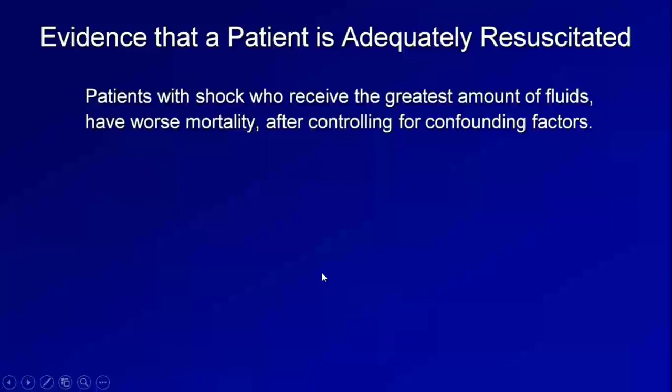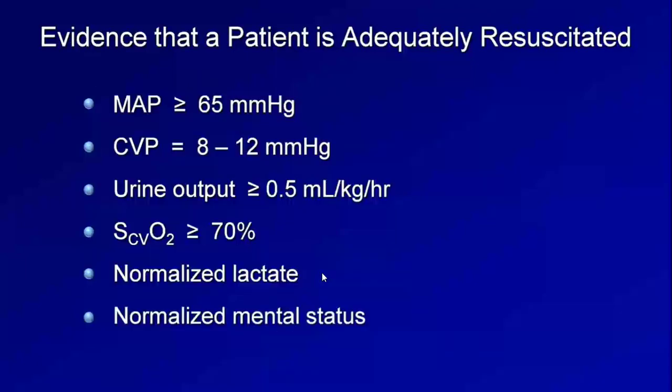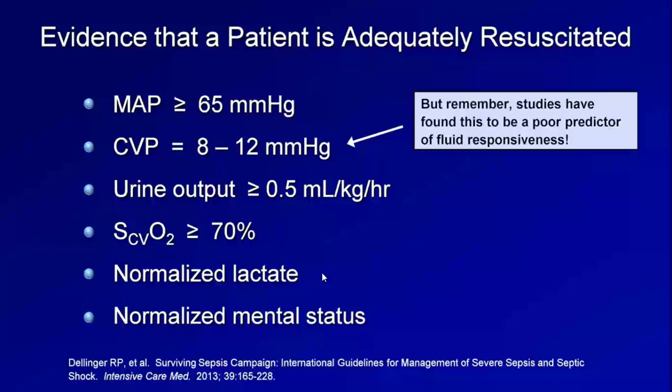Patients with shock who receive the greatest amount of fluids have worse mortality after controlling for confounding factors, and we have some evidence that a patient is adequately resuscitated if the mean arterial blood pressure is above 65, CVP measurement from 8 to 12, urine output more than 0.5 ml per kg per hour, oxygen saturation more than 70%, normalized lactate and normalized mental status.